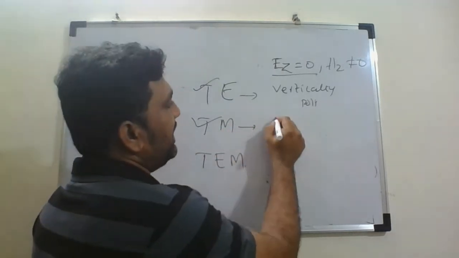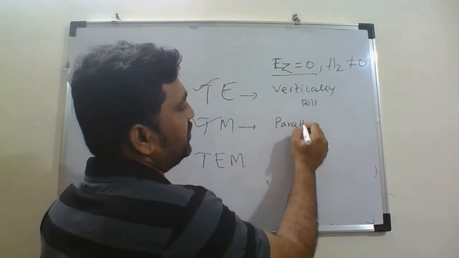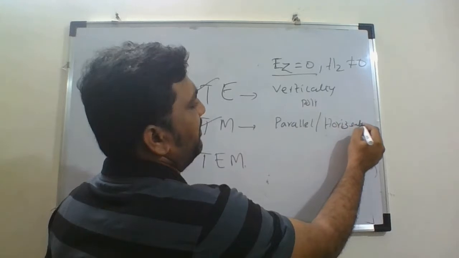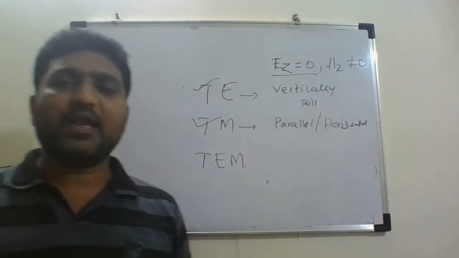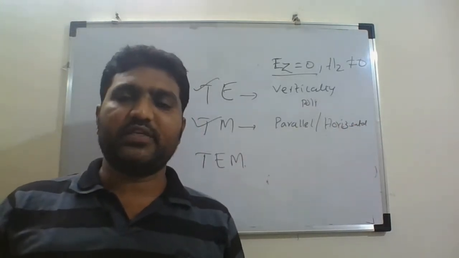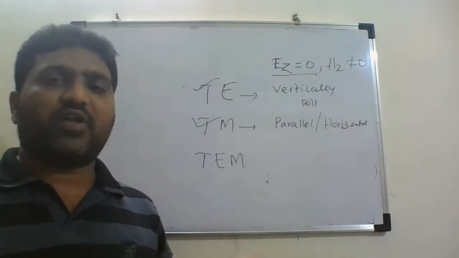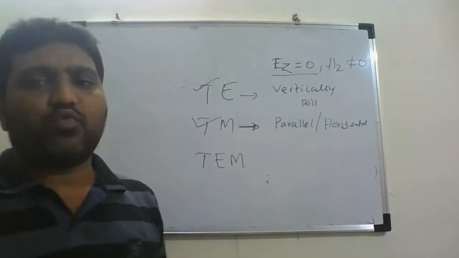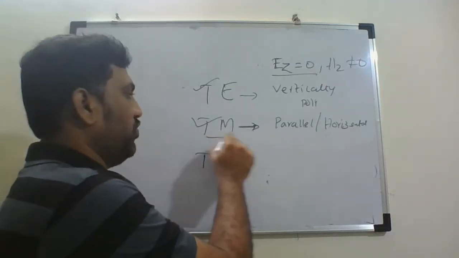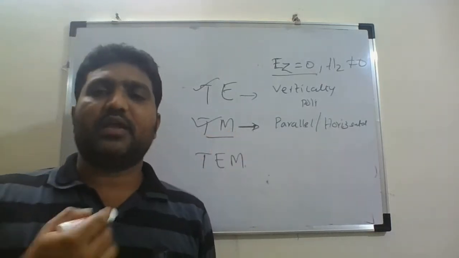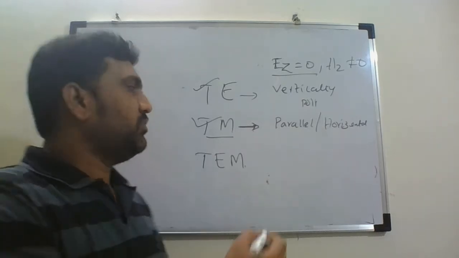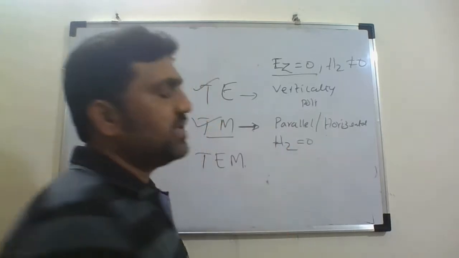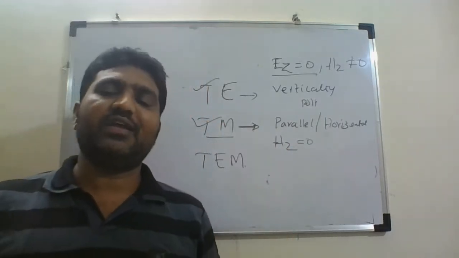Similarly, whenever I use a parallel polarization or horizontal polarization for the electromagnetic wave, then inside the waveguide the mode that is existing is the transverse magnetic mode. So the wave propagates in a transverse magnetic mode. That means the magnetic field will always be transverse, so the longitudinal component of the magnetic field is always 0.